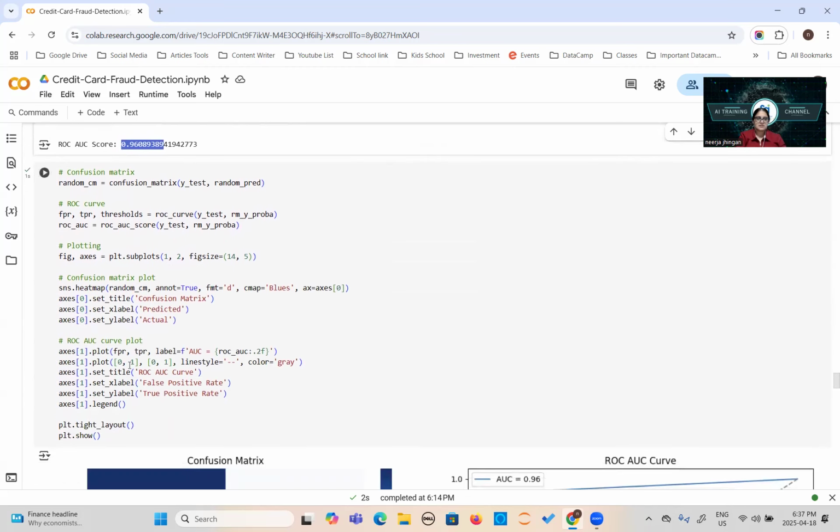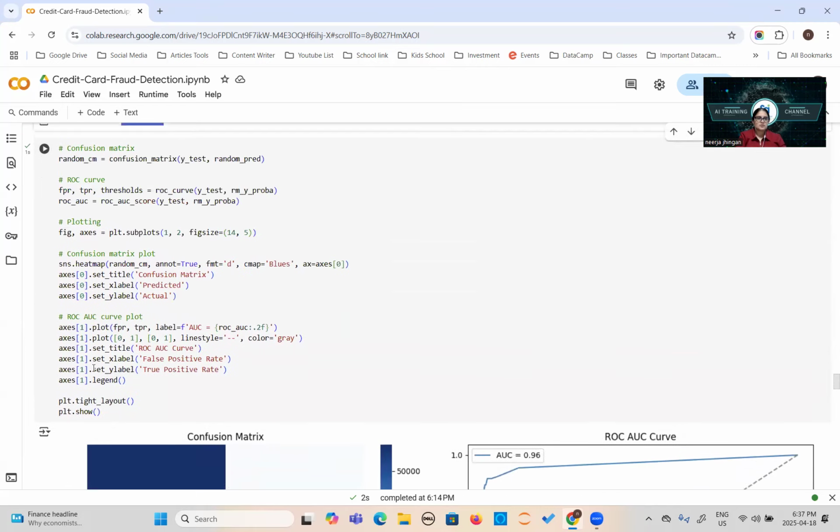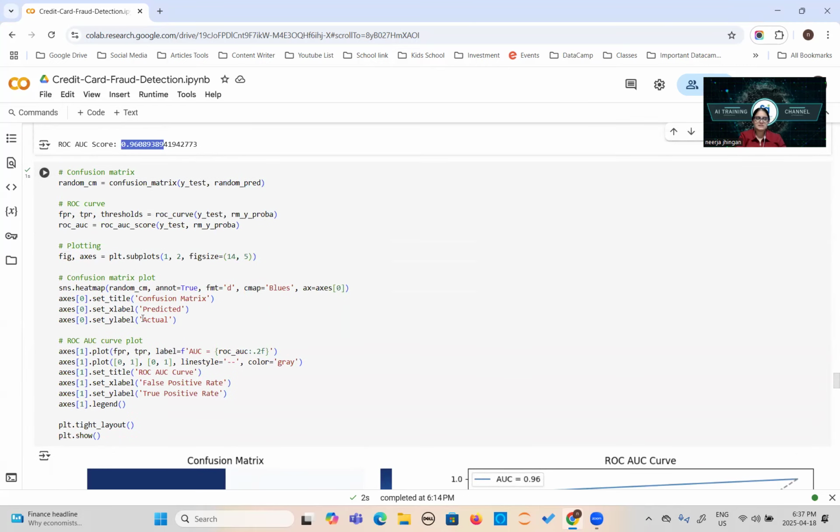Now look at the result here. This is the graph. The confusion matrix we will plot the simple way, and here we are first calculating the values of FPR, TPR, threshold. I will make you understand it now. FPR means false positive rate and TPR means true positive rate.